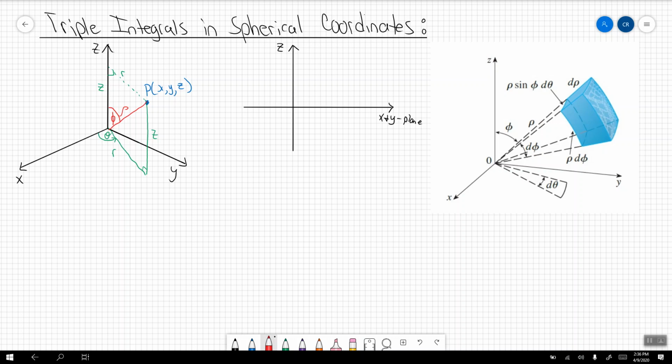Alright, so let's see if we can start extracting this to be a little bit more general. I'm going to ask you to recall, and this is basically a recall from last time, from cylindrical coordinates.